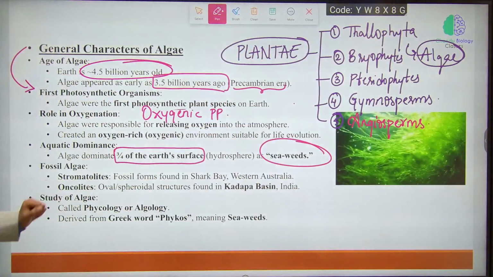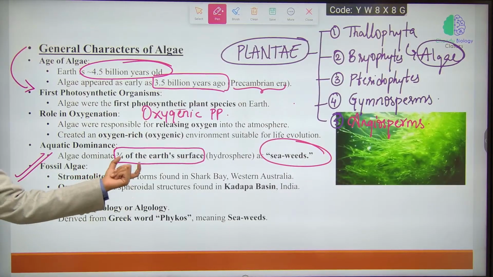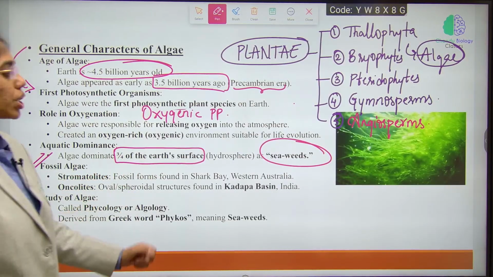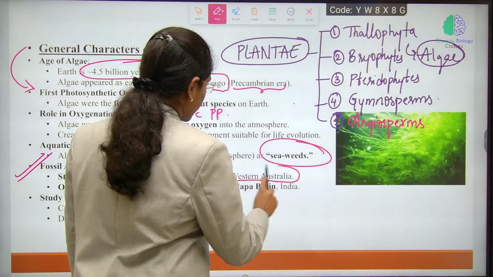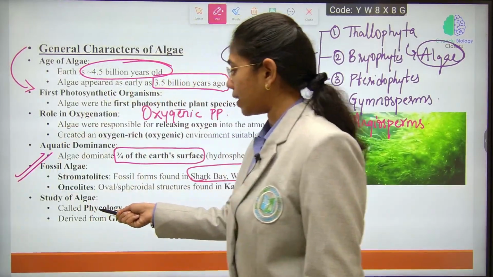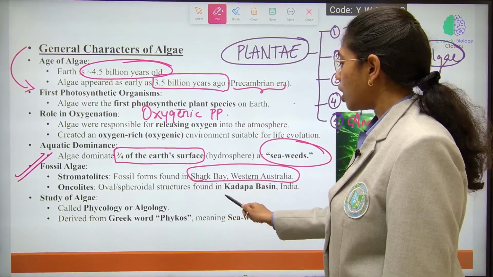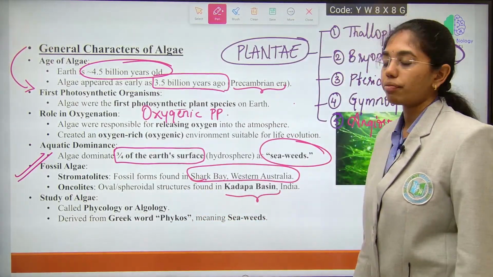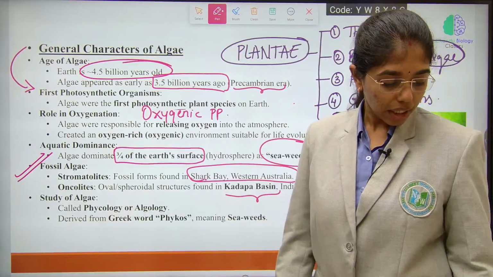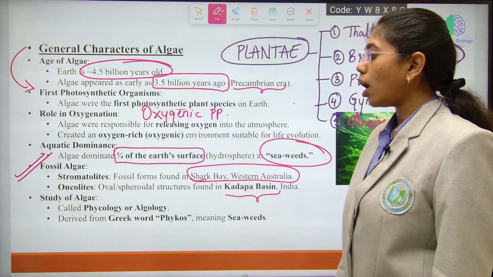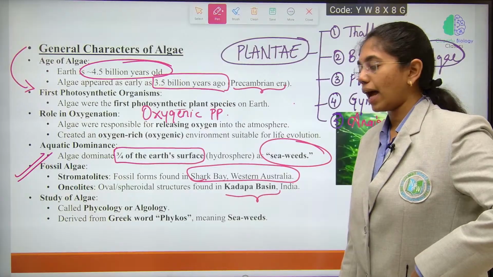Next, fossil algae, most important. Stromatolites, fossil forms, are found in Shark Bay, Western Australia. And oncolites, which are oval or spherical shaped structures, are found in the Kadapa basins of India. Next, study of algae.